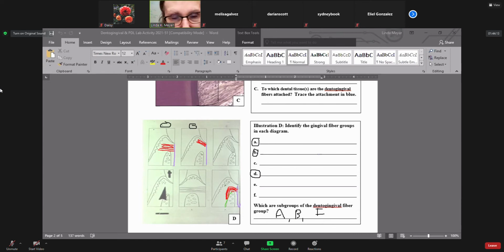They attach on the cementum and form part of that dentogingival junction. Again, here's the junctional epithelium. The dentogingival fibers always attach apical on the cementum to that junctional epithelium.